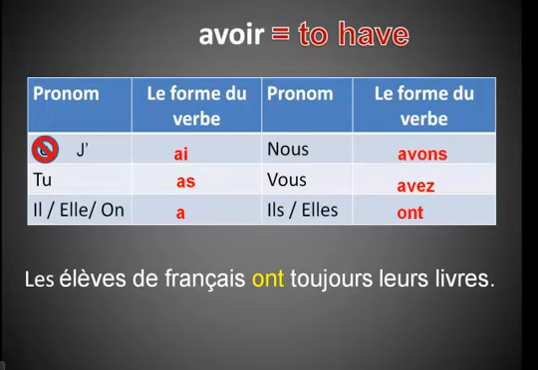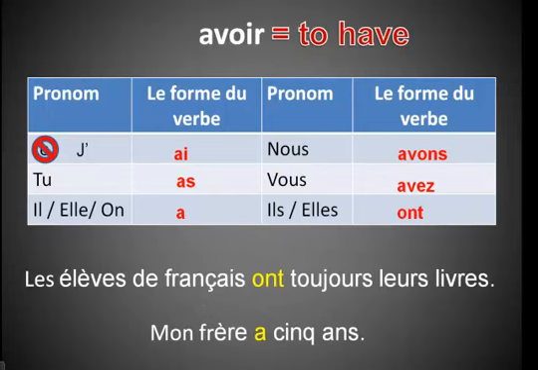To go through a couple example sentences that use avoir. Les élèves de français ont toujours leurs livres. French students always have their books. Again, using the plural form, third person plural form of avoir, since les élèves is the third person plural subject. You'll also often use avoir to give someone's age.